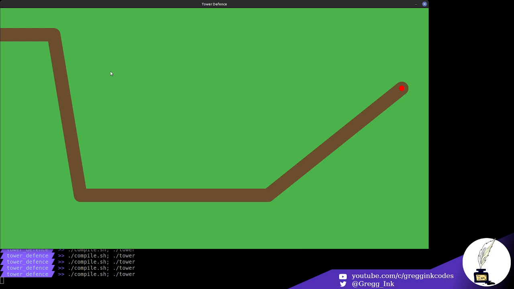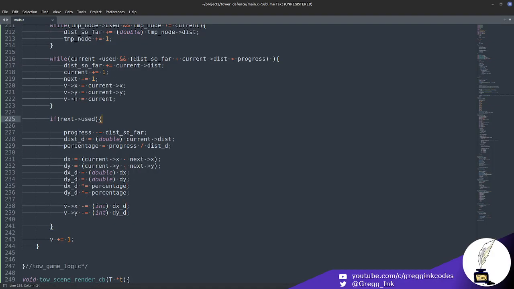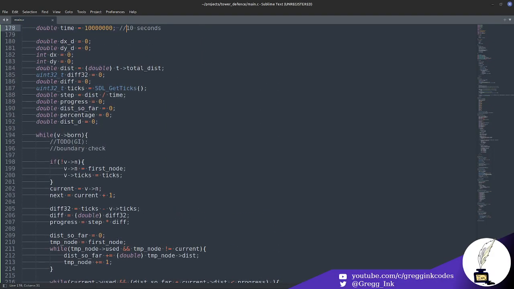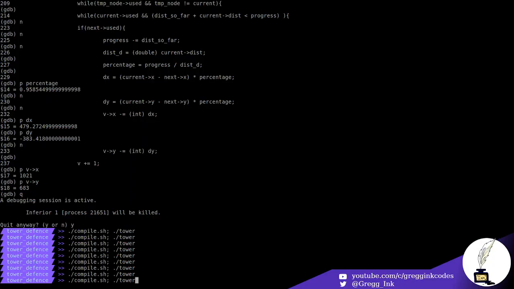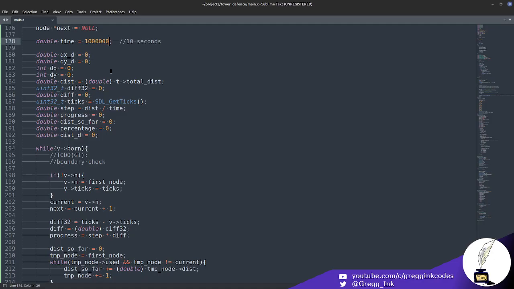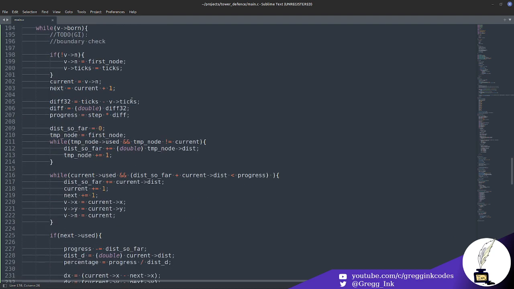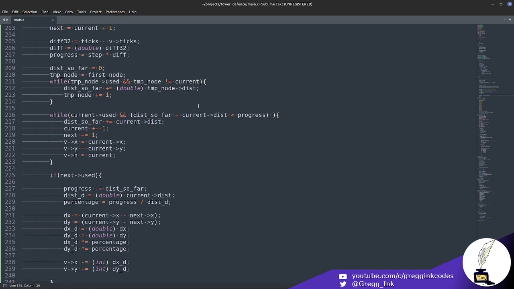And now it's just moving very slow. It's still rubbish. Why is it jumping through the air like this? Why is it doing that?